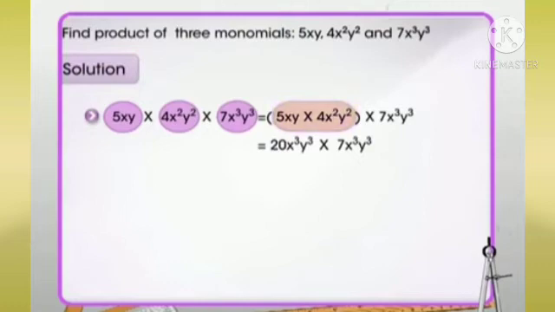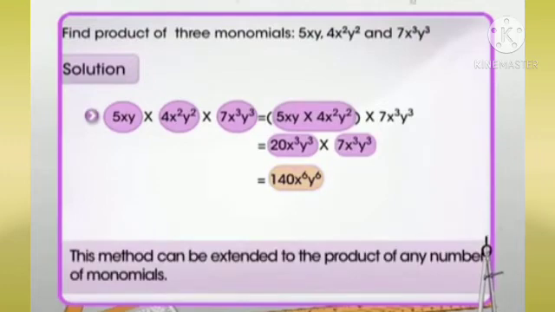First group 5xy and 4x square y square to get the product 20x cube y cube. This in turn is to be multiplied with the third monomial 7x cube y cube to get the final product as 140x raised to power 6 y raised to power 6. This method can be extended to the product of any number of monomials.